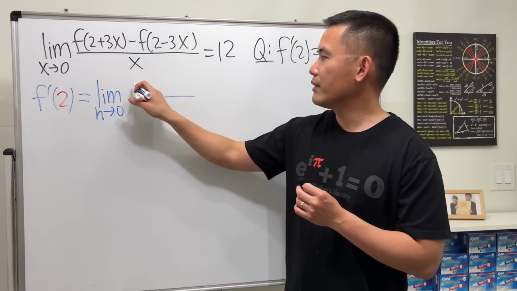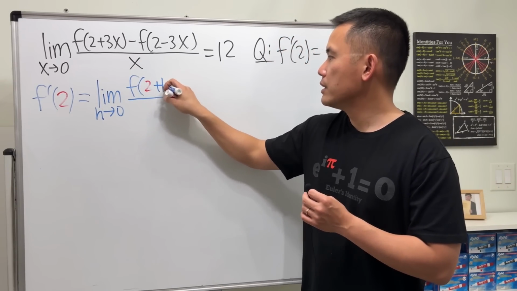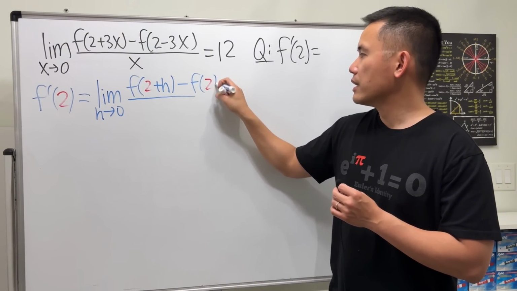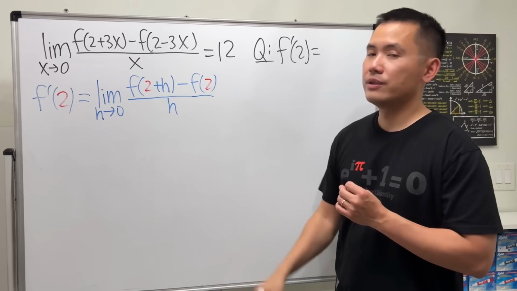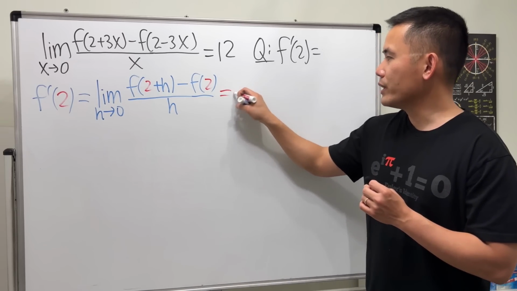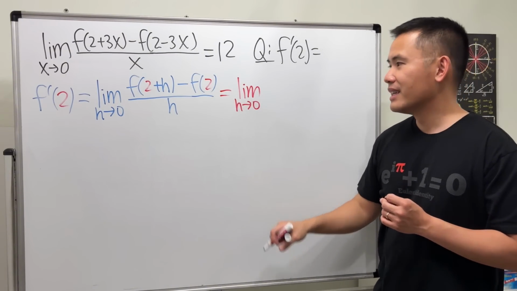In that case, you have to write f of 2 plus h and then minus f of 2 over h.